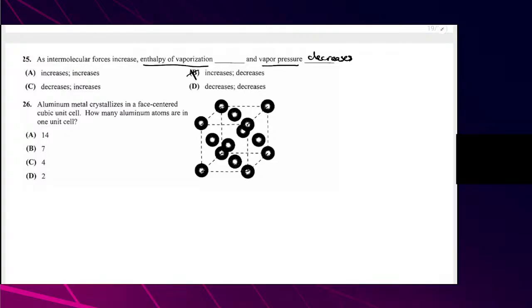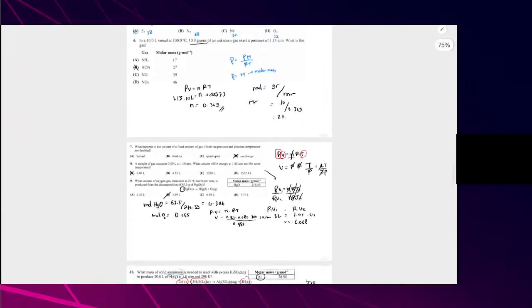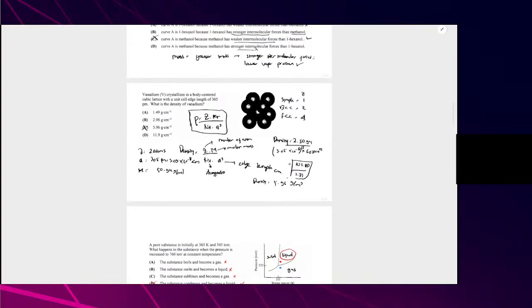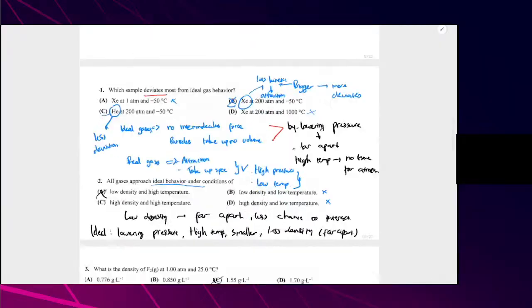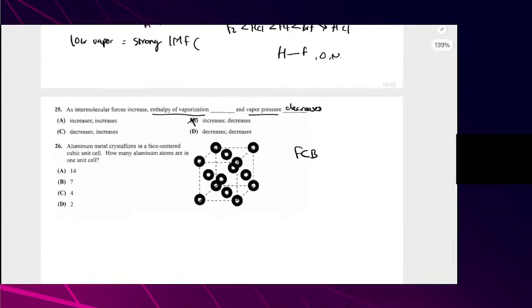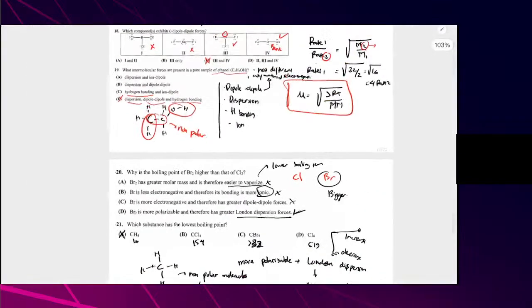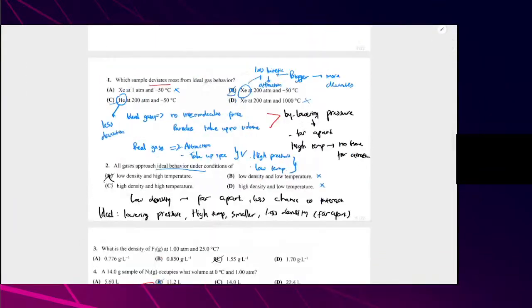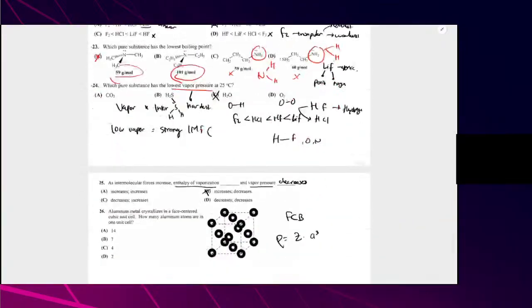Okay, now aluminum metal crystalline has FCC. Like I mentioned, if we have FCC, the Z itself is 4. So we can get the answer for this one with rho equals Z times M over N A times a cubed.